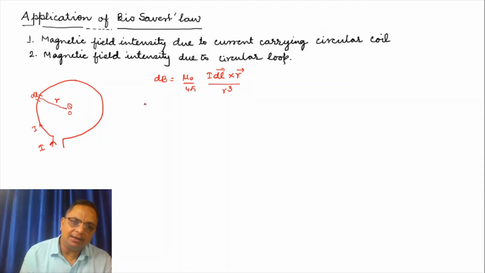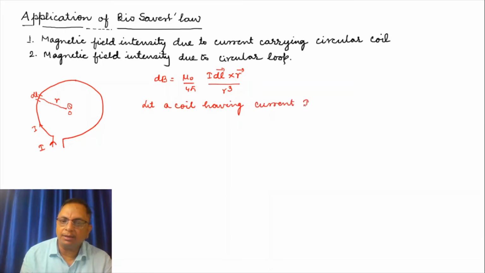Let's see. Let a coil having current I of radius r.